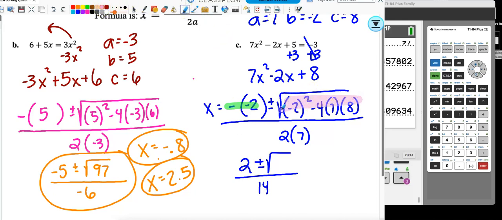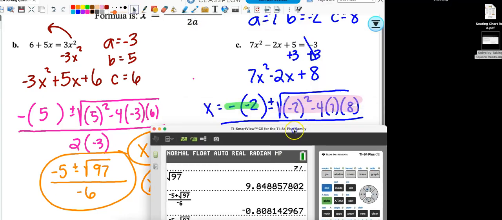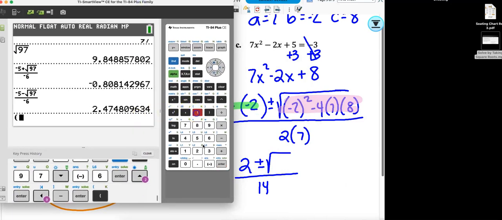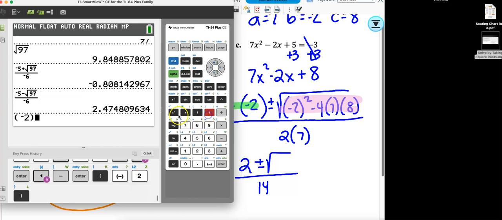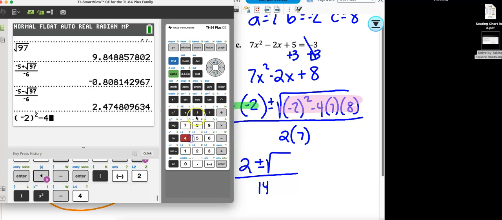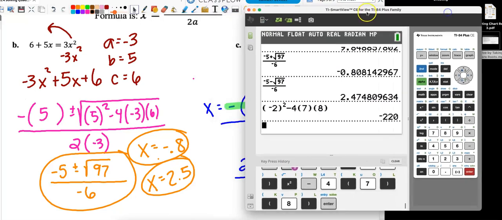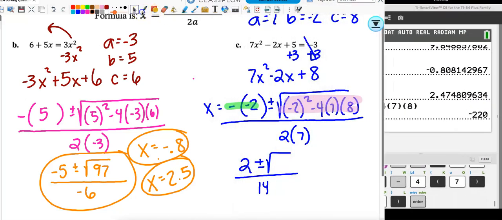So let's type in all of this without the square root. Whoops. So parentheses -2 squared minus 4 times 7 times 8. -220. So that is what's underneath the radical.